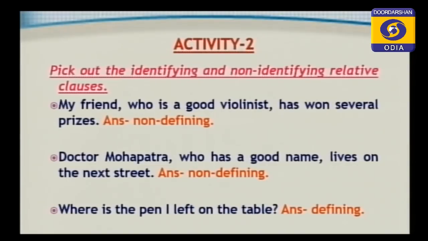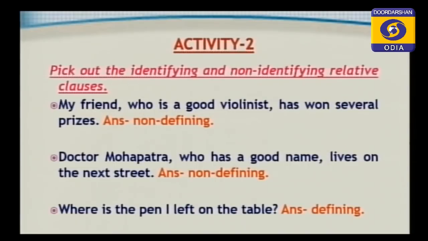My friend, who is a good violinist, has won several prizes. Relative clause is who is a good violinist. It is separated from the main clause, the antecedent noun phrase, my friend. So this is the case of non-defining. Second sentence, Dr. Mahapatra, who has a good name, lives on the next street.